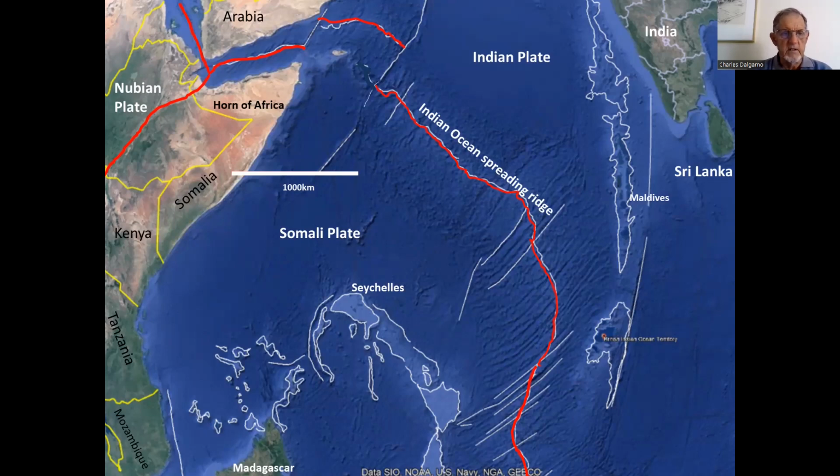See a scale for 1,000 kilometres there, just extending from the coast near Somalia. As I said previously, the Somali Plate is surrounded by divergent boundaries, and those are the red lines illustrated here, with the exception of the Red Sea running up at 11 o'clock.